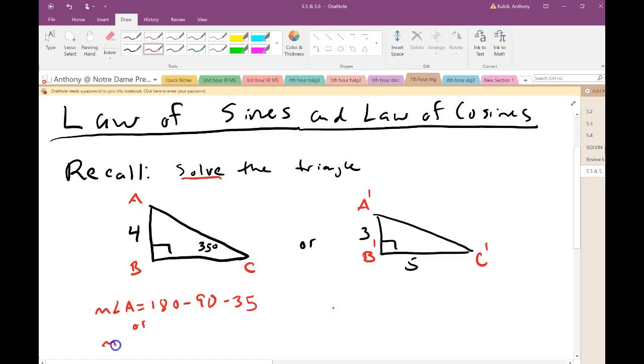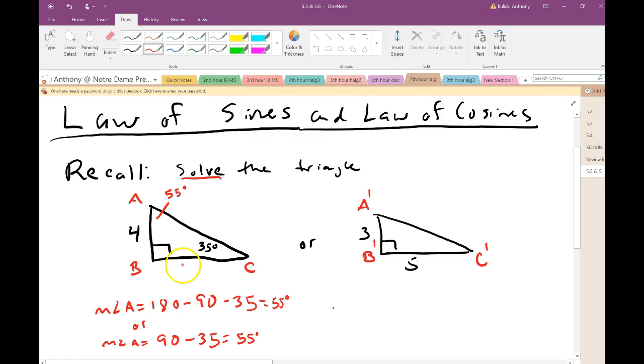Or you could have used the corollary to the triangle sum theorem for right triangles, where you can just do 90 minus the acute angle. Either way doesn't matter because you get the same answer: 55 degrees. Everybody happy with that?